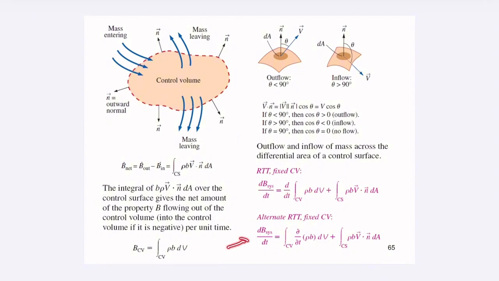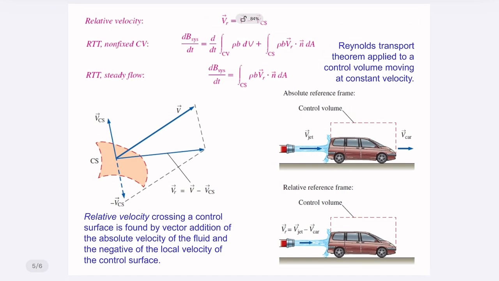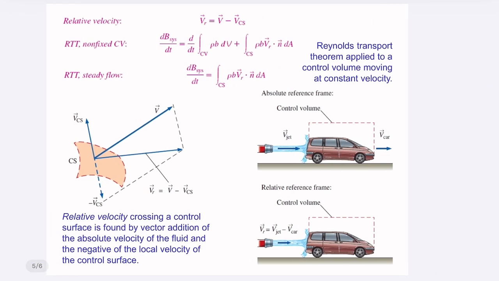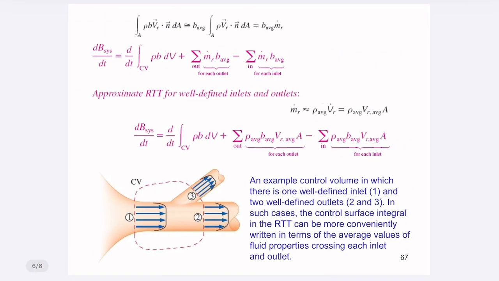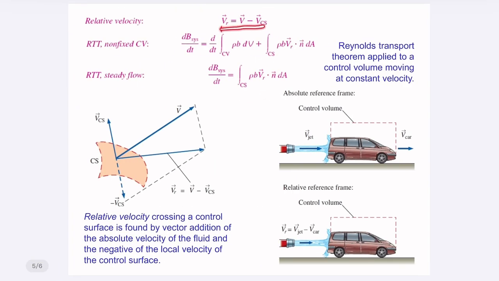Then this is the alternate RTT for fixed CV. This is for non-fixed CV. This formula. And then this is RTT for steady flow. Okay. So this is the relative velocity, the velocity V_R.